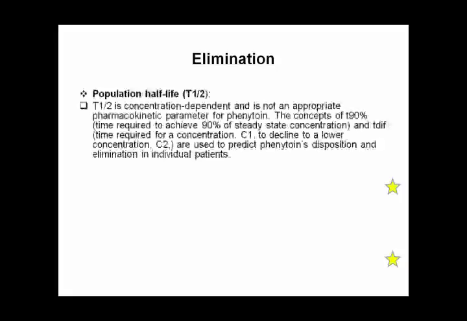The half-life again is concentration dependent, so we don't use half-life in phenytoin, we use T90, and T90 is the time required to achieve about 90% of steady state concentration. So the steady state is not achieved in 4 to 5 half-lives, because the half-life concept just does not exist here.